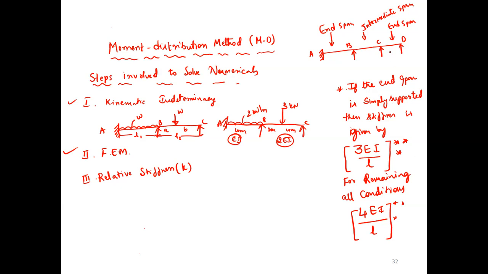CD. Hence CD is 3EI by L. Any remaining end span simply supported? No. So the remaining ones are intermediate, not end spans, so 4EI by L.